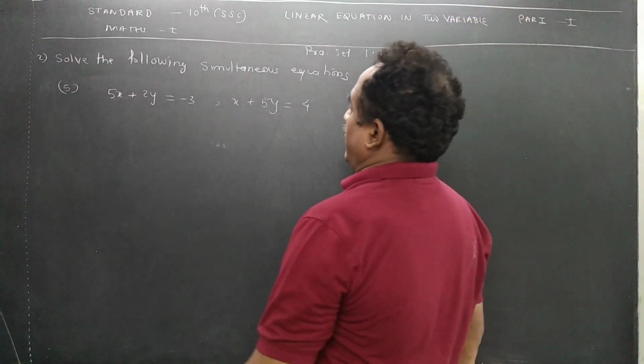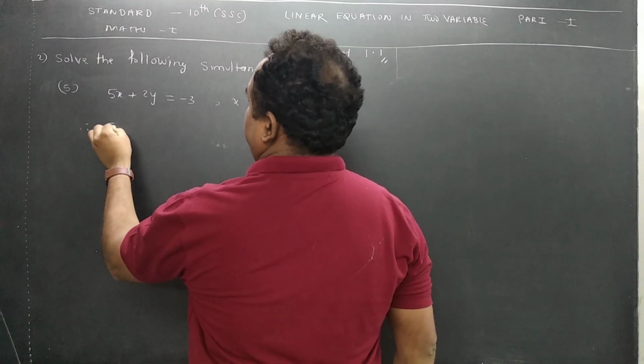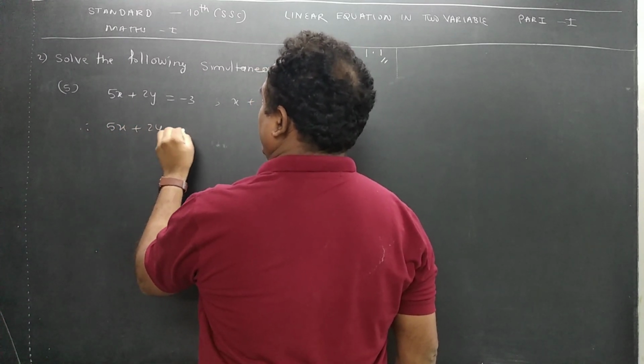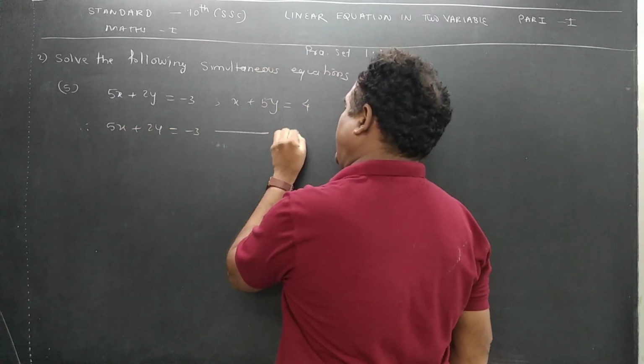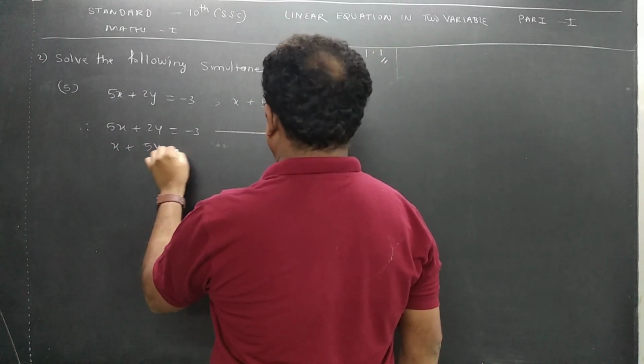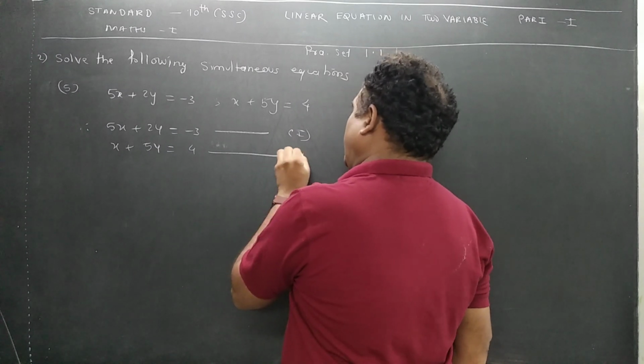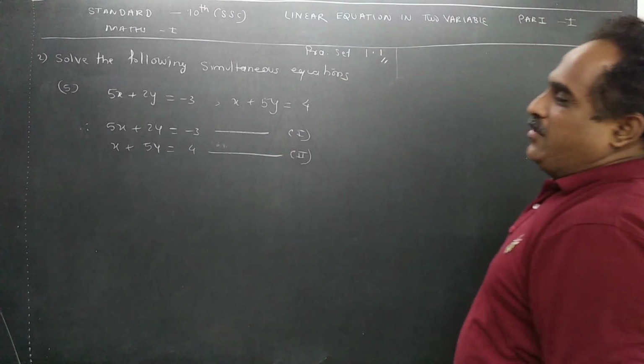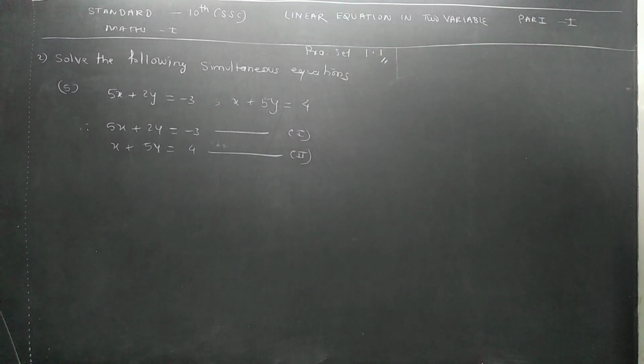So, again, 5x plus 2y is equal to minus 3, equation 1. x plus 5y is equal to 4, equation 2. Once again I am repeating, you can do it yourself, there is no harm in trying. Pause this video and do it yourself on a rough page.